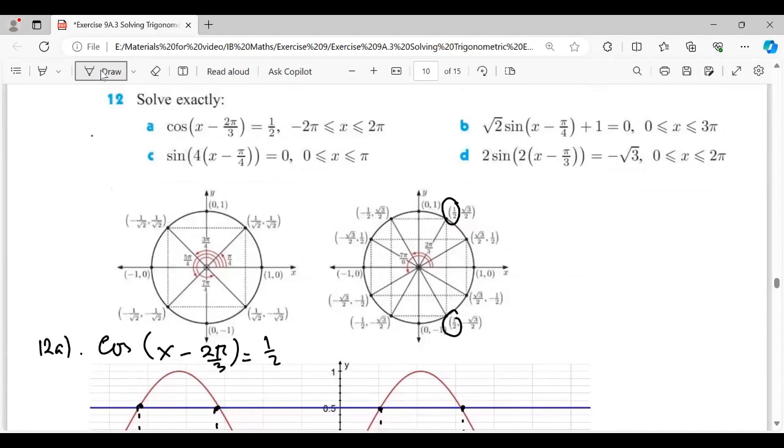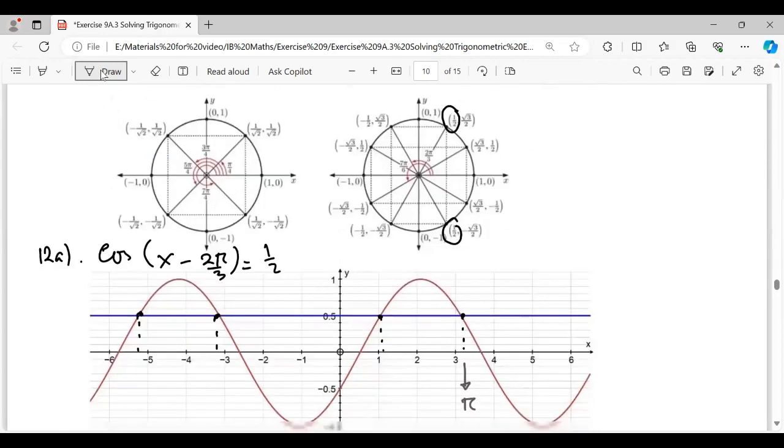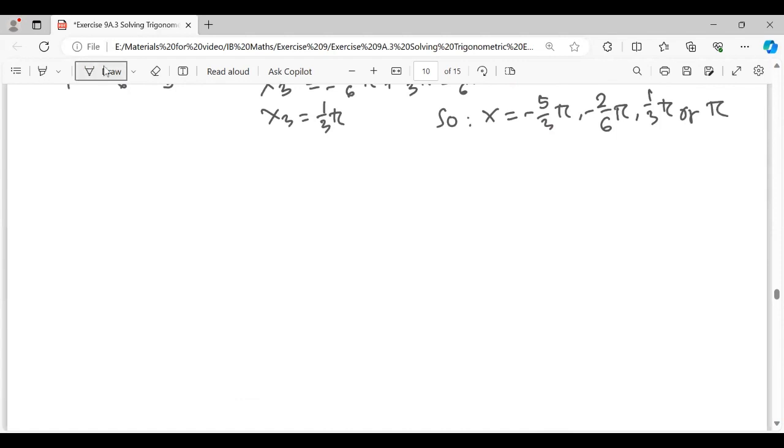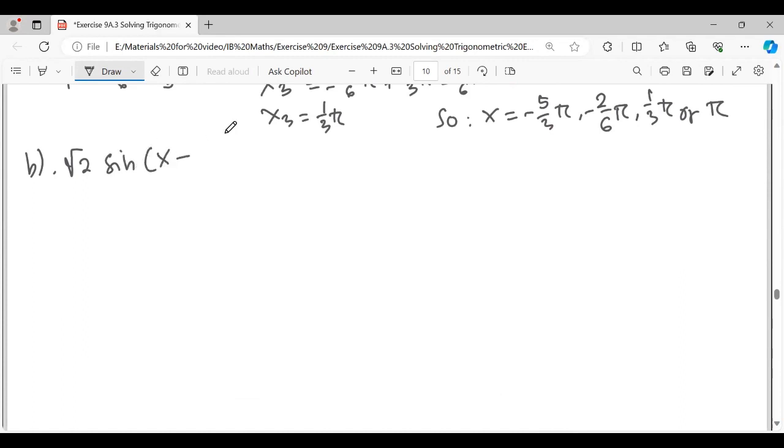B, square root 2 sine of x minus pi over 4 plus 1 equals 0, interval 0 to 3 pi.